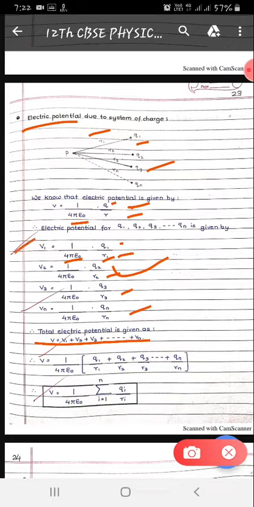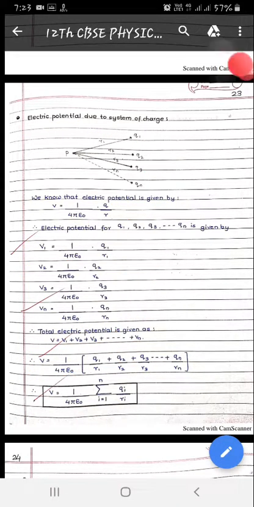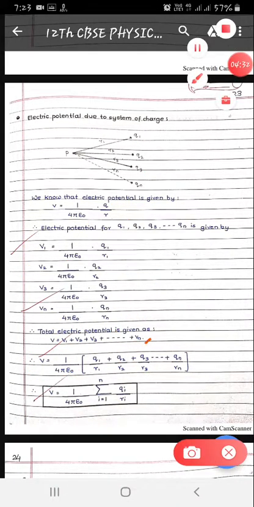So from the equations V1, V2, V3 up to Vn, we can write the total electric potential V due to the system of charges combinedly as 1 upon 4 pi epsilon naught, which is common so we have taken it outside, times the bracket Q1 upon R1 plus Q2 upon R2 and so on up to plus Qn upon Rn.